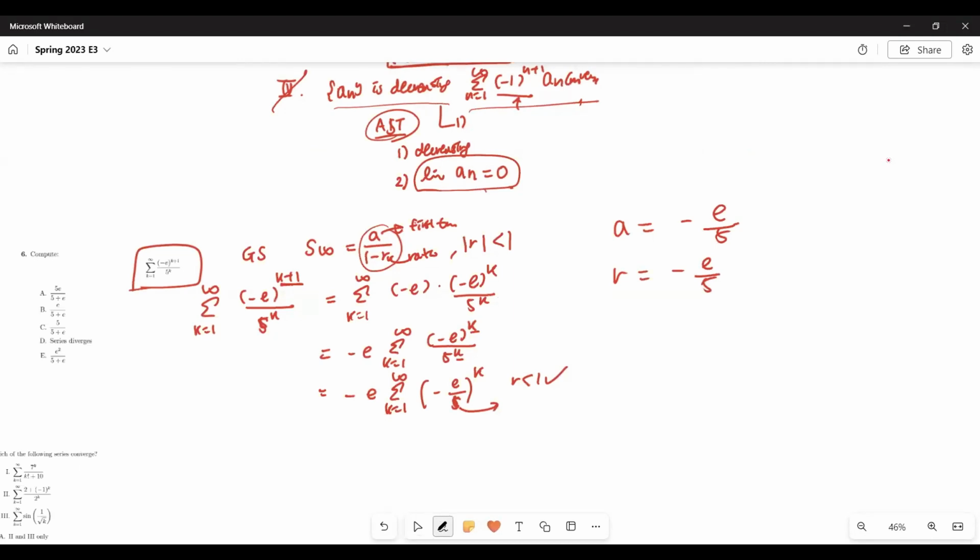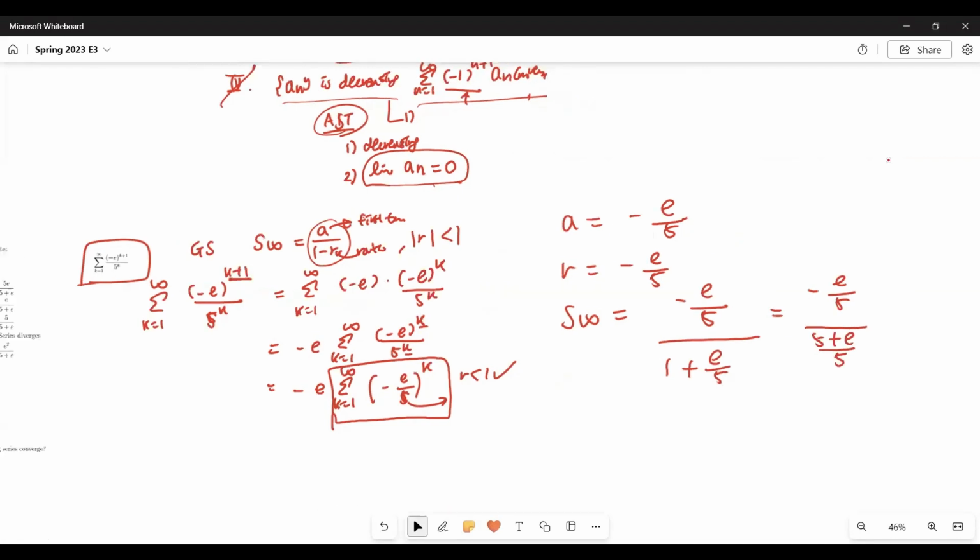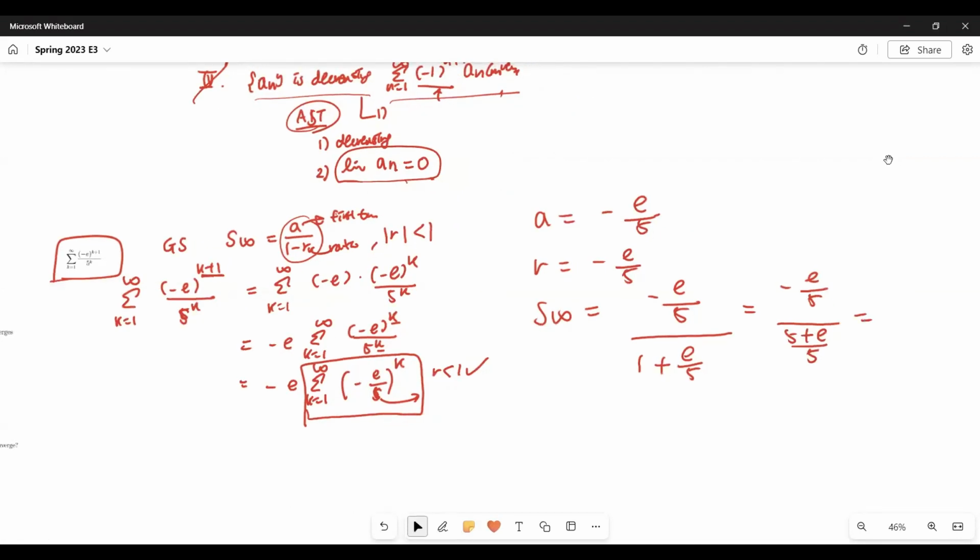So if you find the sum of this, S to the infinity is negative e over 5 over 1 minus negative e over 5, so 1 plus e over 5. This is negative e over 5 over 5 plus e over 5, which is just negative e over 5 plus e in the denominator, the 5s cancel out.